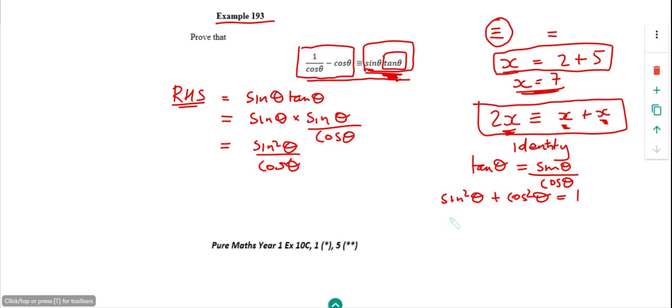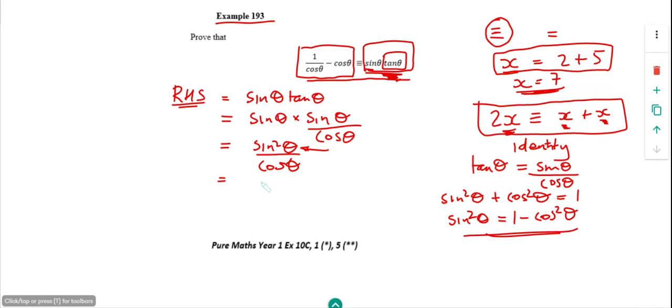To do that, I can make sine squared theta the subject of this equation, and so I'll get sine squared theta equals 1 minus cos squared theta. I'm now going to replace the sine squared theta here by 1 minus cos squared theta.